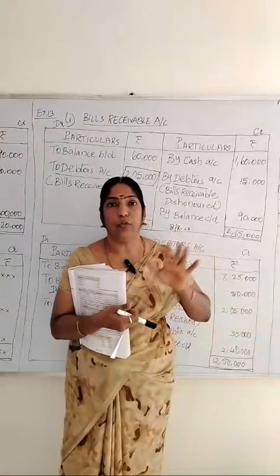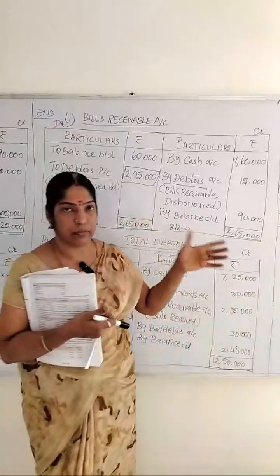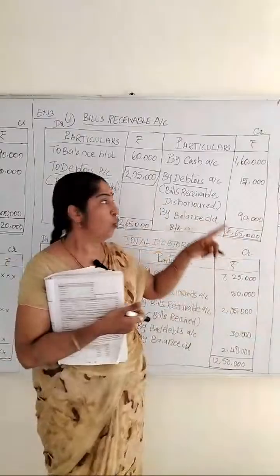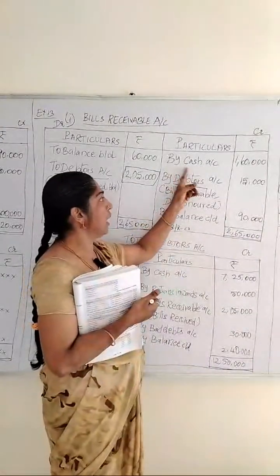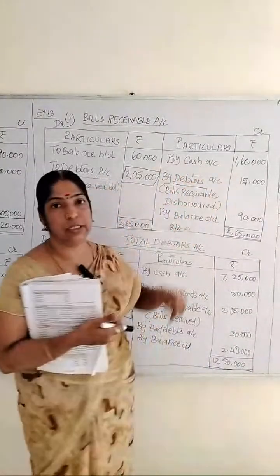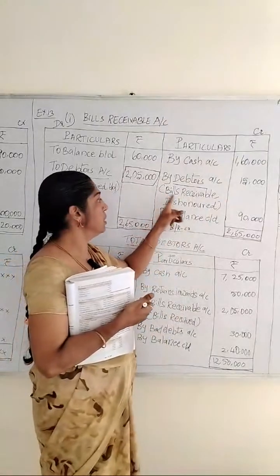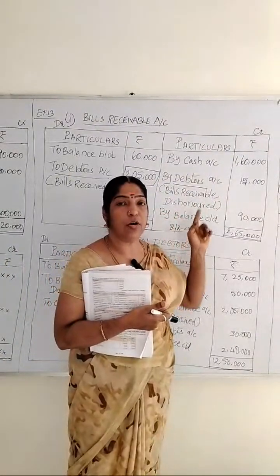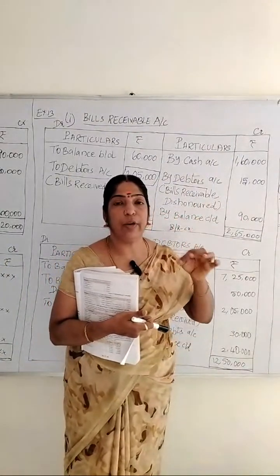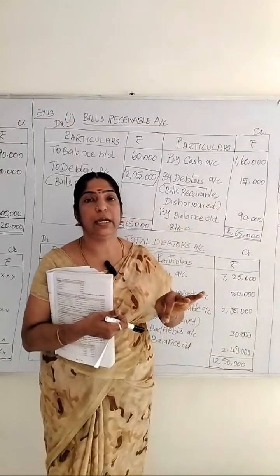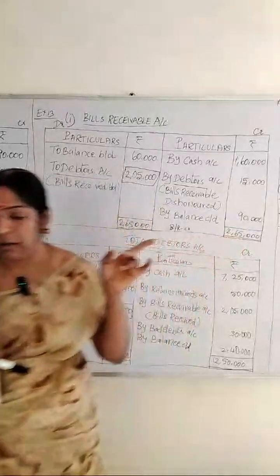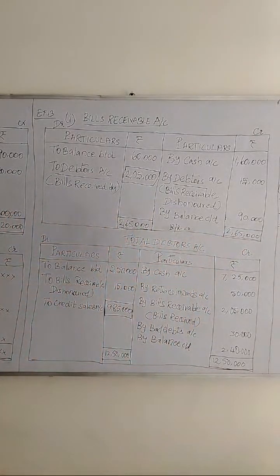So, if you have any doubt, please go and watch the previous class videos. Then you will know why cash received, or the cash account, comes on the credit side of the bills receivable, and why debtors, bills receivable dishonored 15,000, is entered on the credit side of the bills receivable. Everything I have explained clearly in previous classes, the bills receivable format and the total debtors format. Okay.